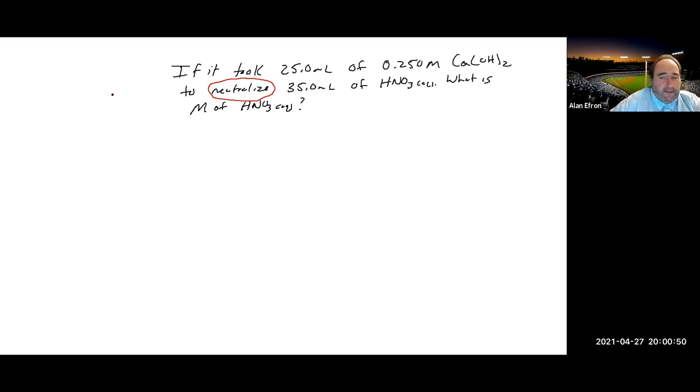So we want to start the same way. We need an equation. So we have an acid, which is our nitric acid here, and we have a base, which is our calcium hydroxide here. And again, we're going to get the same thing as we did before. So we're going to make water, really, the water coming from the hydroxide and the H. That means that the calcium and the nitrate will come together.